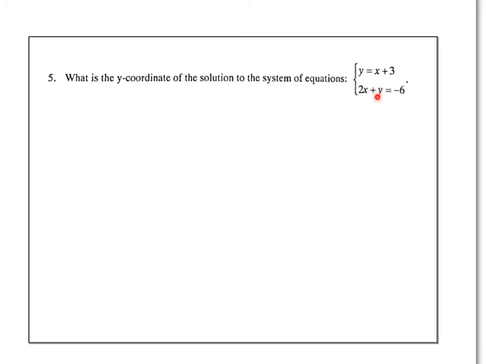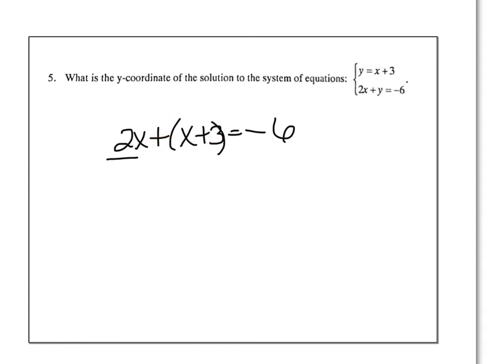So I'm going to replace this y with what y is equal to, which is x plus 3. So it's going to be 2x plus x plus 3 for y equals the rest of the equation, negative 6. This parenthesis, there's nothing to distribute, and there's a plus out front of it, so it doesn't really matter.